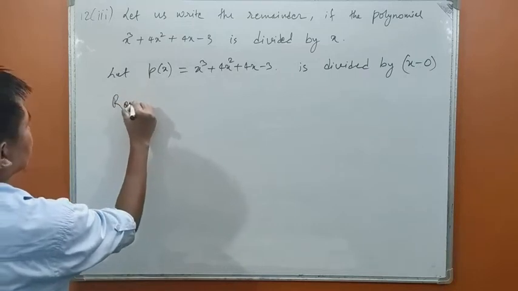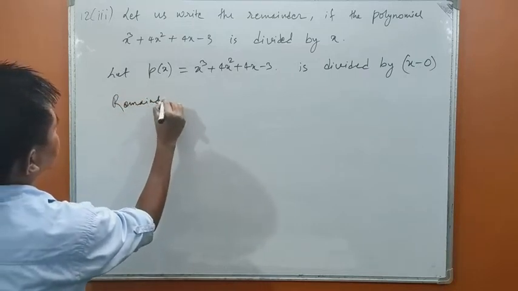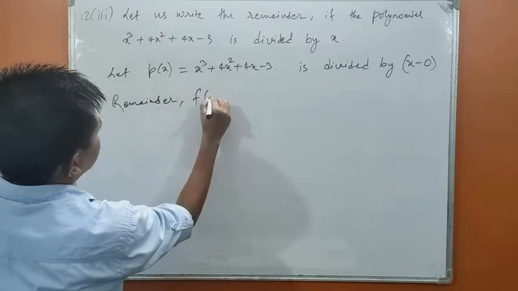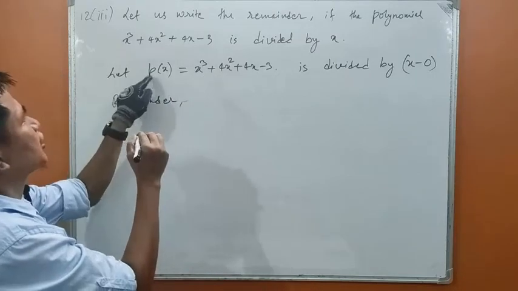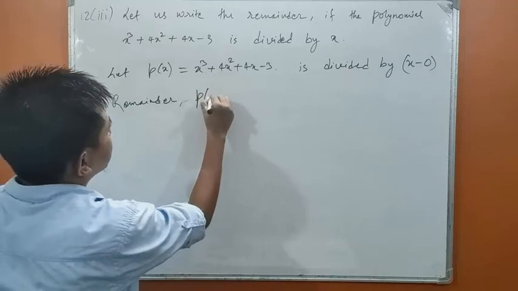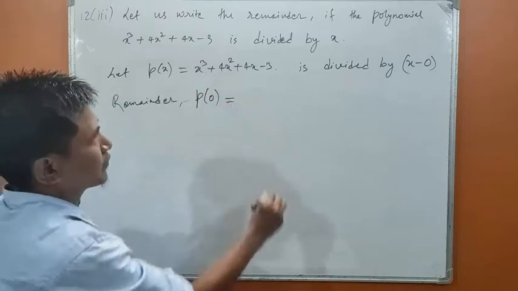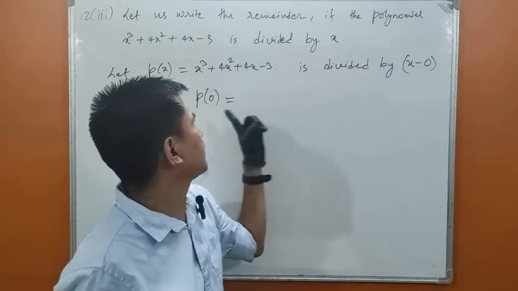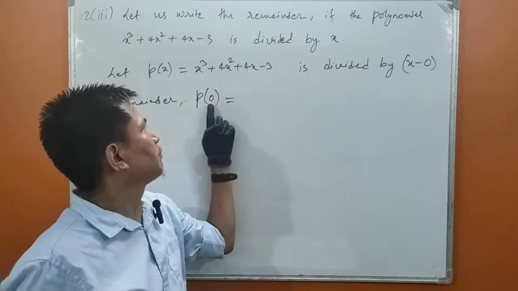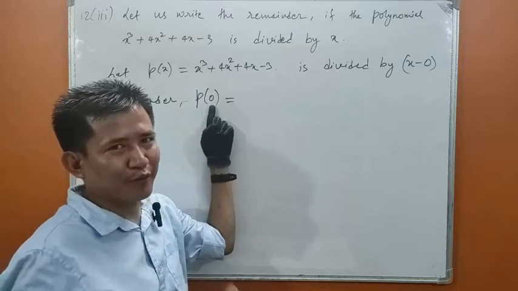Remainder will be f of 0 or p of 0. Here we are using the term p, so we write p of 0, isn't it? If this was x minus a, then the remainder would be p of a. That's my point.